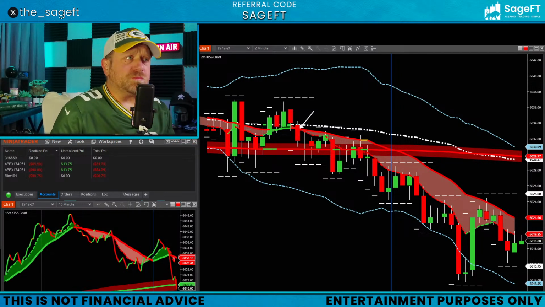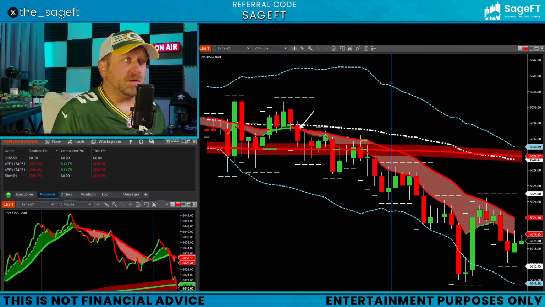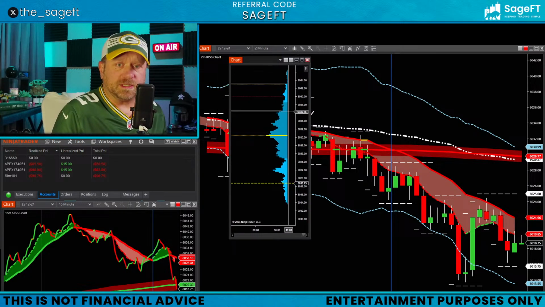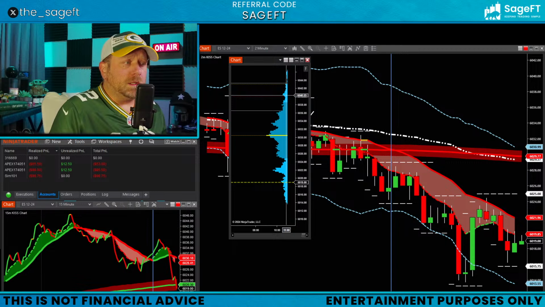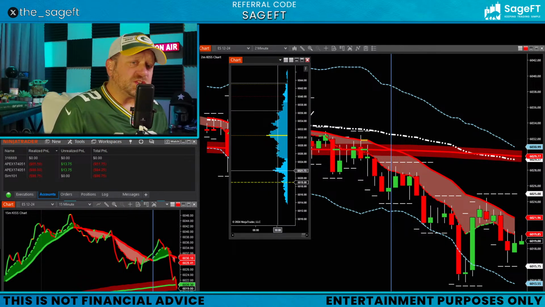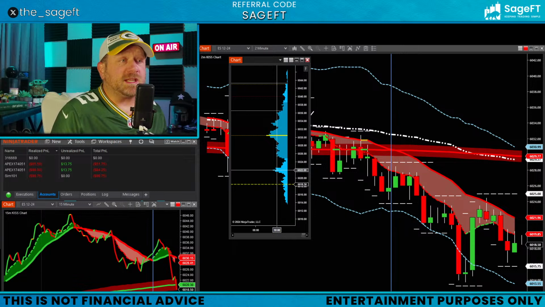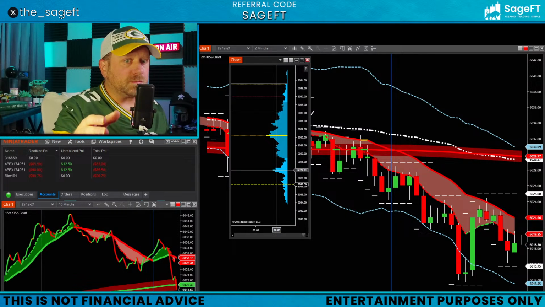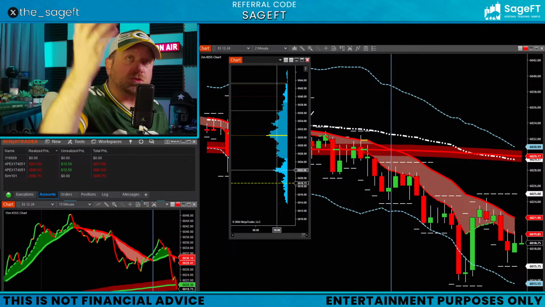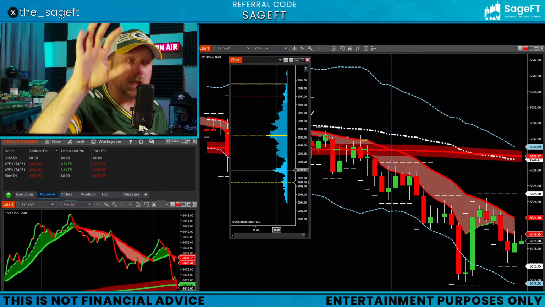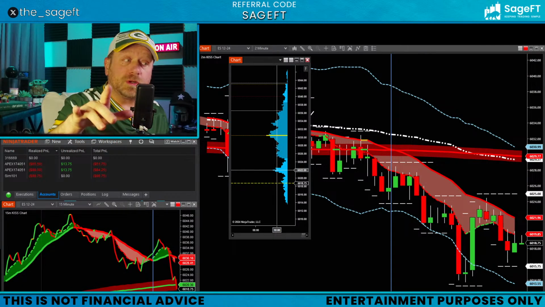We have a nice bell shape to the volume profile today, folks. Look at this. That is beautiful. So do they sell 22 again if they get it there? Or do they not get it there? Or do they go to 22 and it goes right through 22 to the VPOC? I'm not saying which way it's going. I don't know.